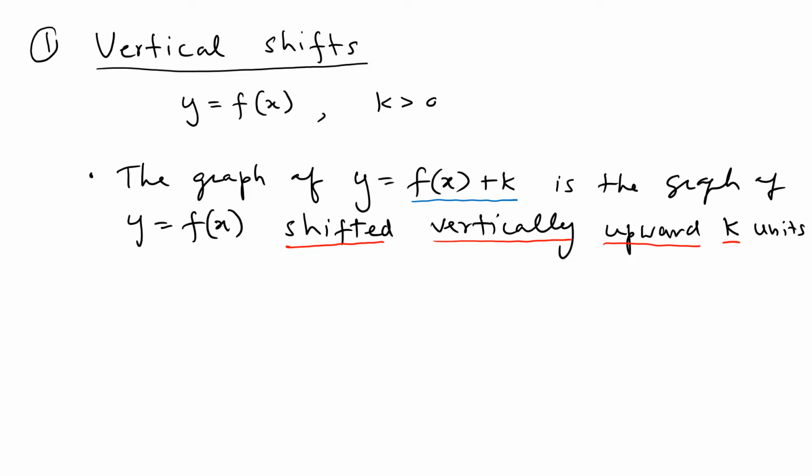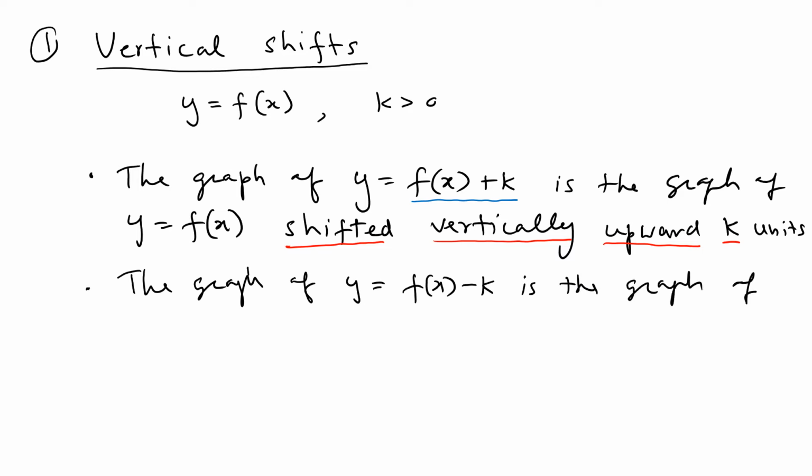And then the next one, the graph of y equal f(x) minus k is the graph of y equal f(x) shifted vertically downward.